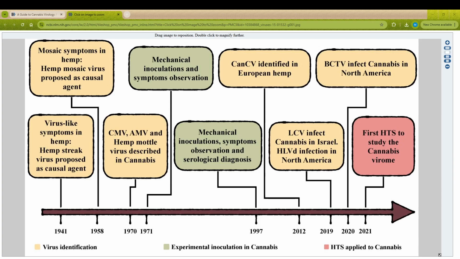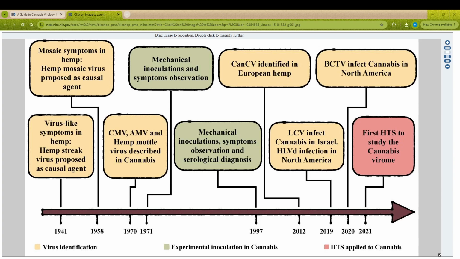Interesting. 1958, we see mosaic symptoms in hemp. Hemp mosaic virus proposed as a causal agent. So that's 1958. We're seeing mosaic, and that's tobacco mosaic virus (TMV) right there.